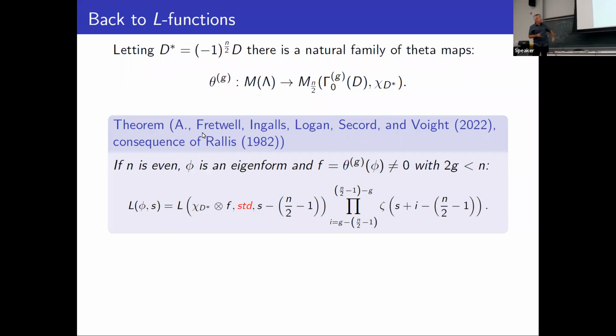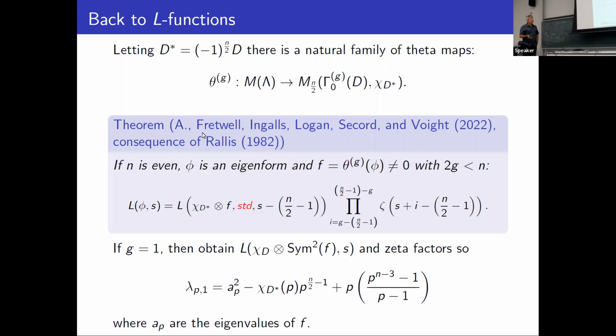And that's this nice theorem, which helps explain everything that we've seen so far. For example, if G equals 1, then you obtain here the L function corresponding to the symmetric square and some zeta factors. And if you want to obtain some relations between the Hecke eigenvalues, you can just read off the coefficients and you obtain formulas for the Hecke eigenvalues of the orthogonal modular form.